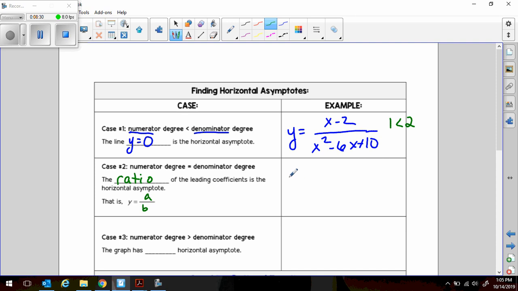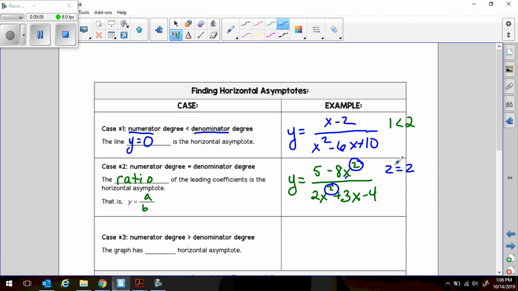So if we have something like y equals 5 minus 8x squared over 2x squared plus 3x minus 4, do you see that we have x squared over x squared? Even though this is not the first term, this is the term with the highest exponent. So my degree is 2, and that's equal to the bottom degree.